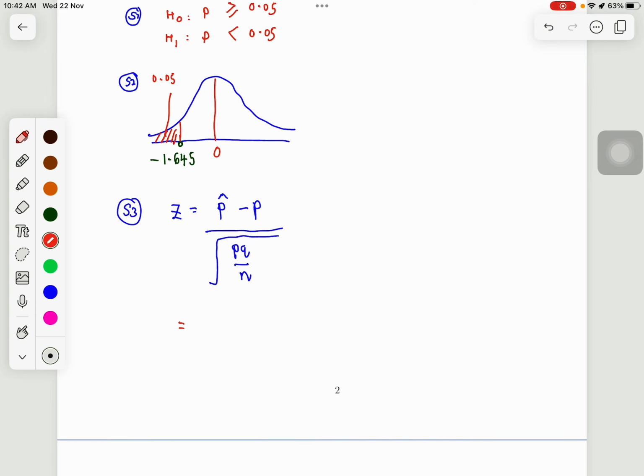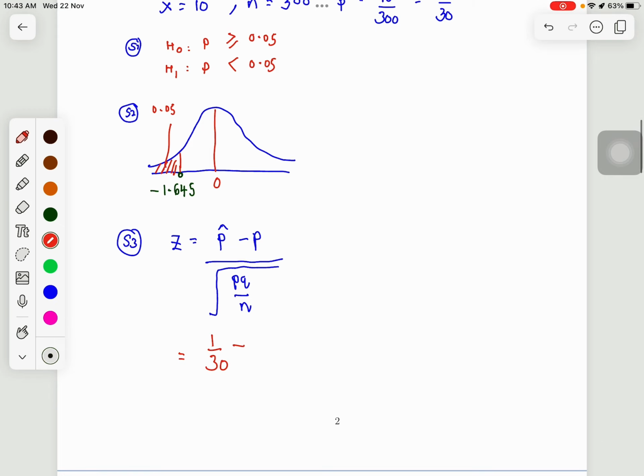You know that p hat is 1 over 30, minus our p, which is 0.05, over the square root of 0.05 times 0.95 over our n, which is 300.